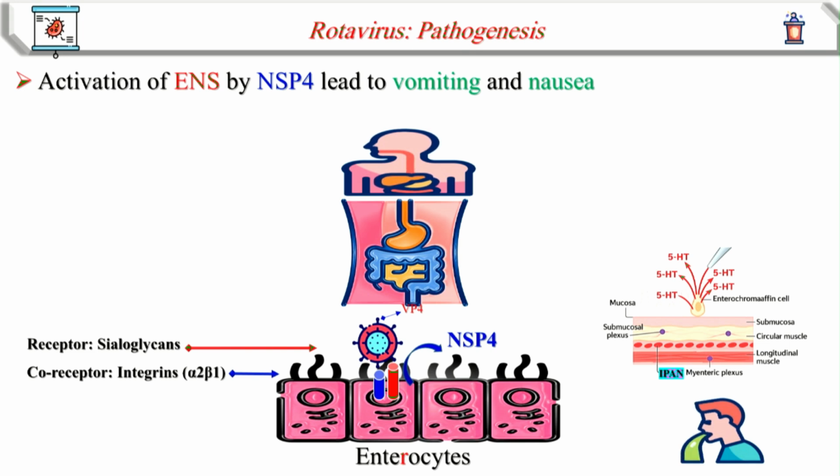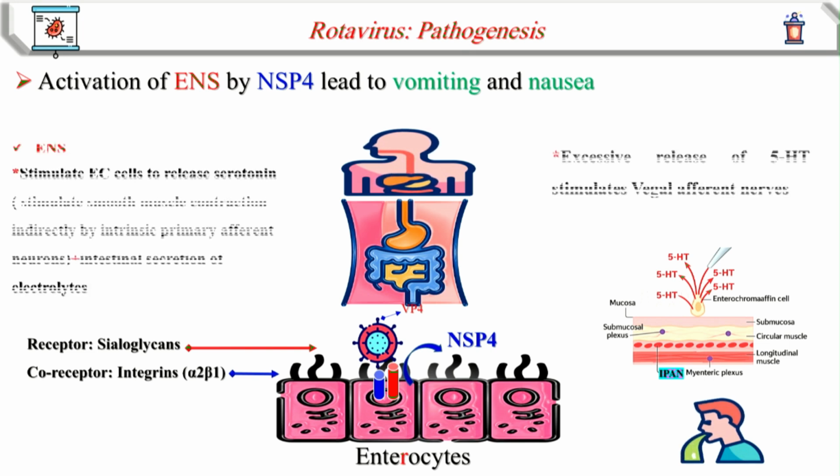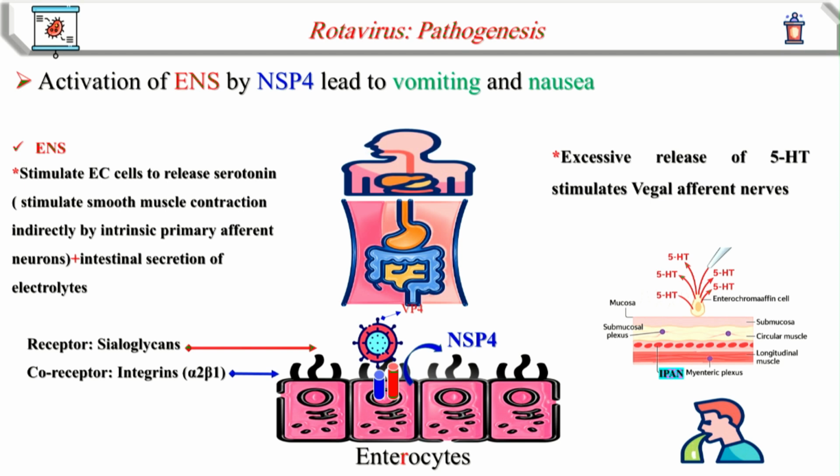On top of the list, the excessive release of serotonin can stimulate the vagal afferent nerve, and as I have mentioned, serotonin plays an important role in stimulating smooth muscle contraction indirectly through neurons. These neurons are called intrinsic primary afferent neurons, and at the same time they stimulate the intestinal secretion of electrolytes and fluid, which plays an important role in flushing out harmful agents that may be present in the small intestine.